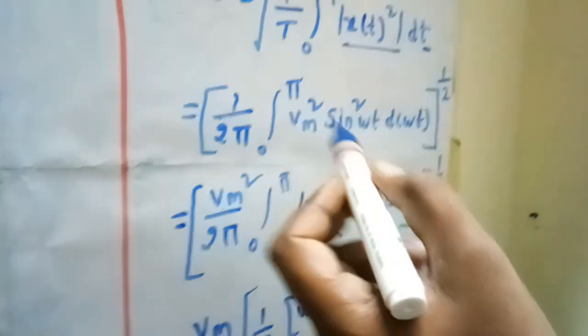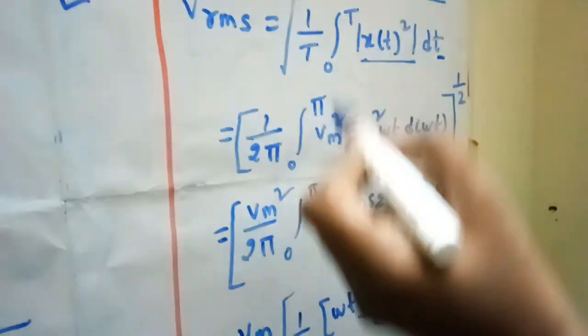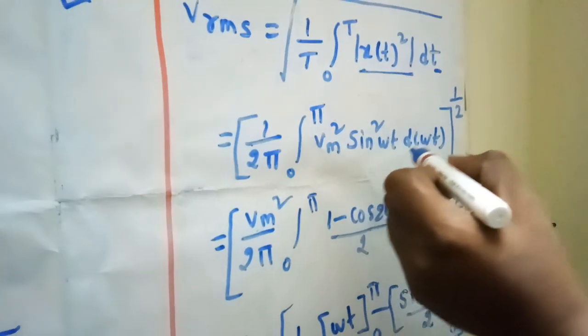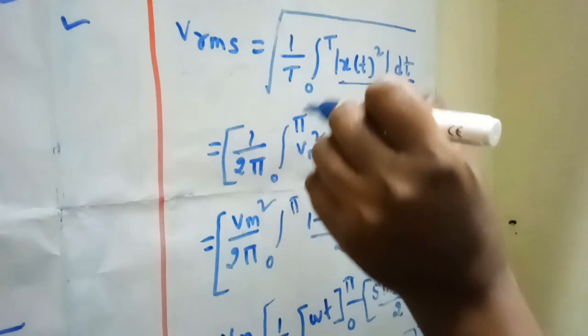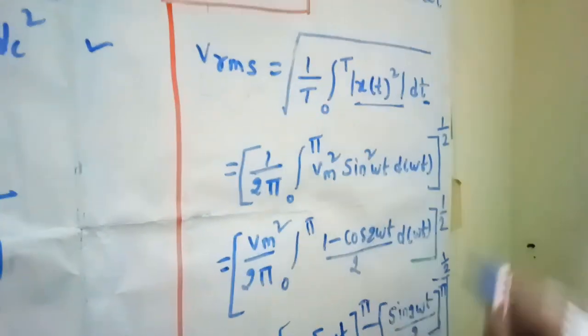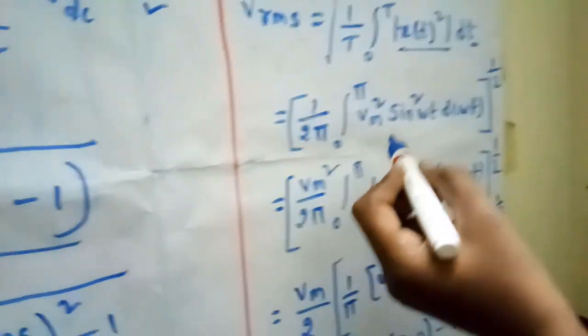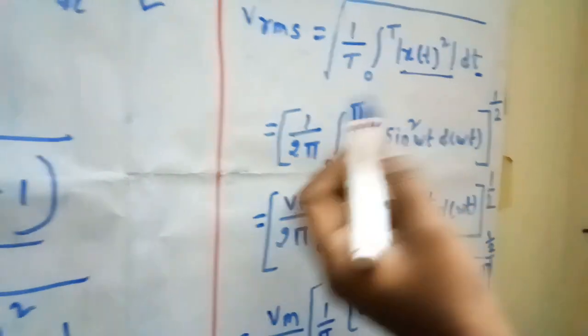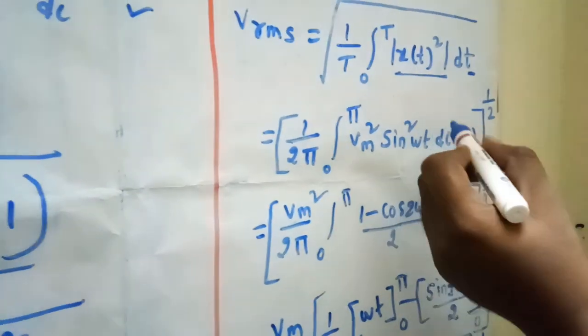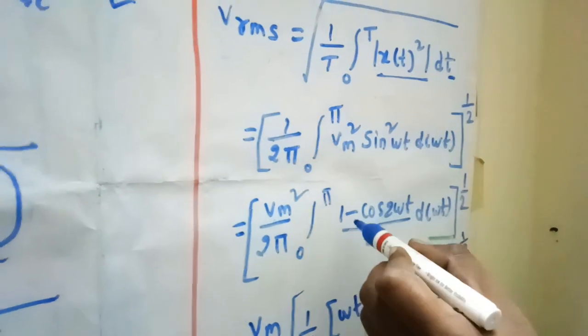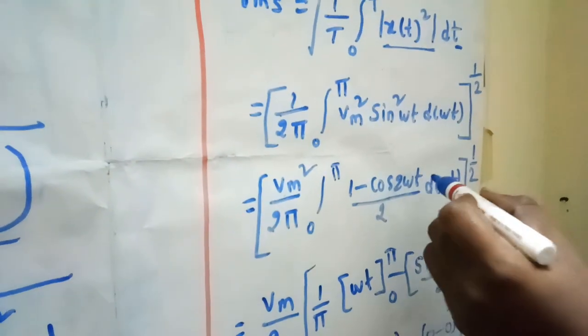That we are substituting here: 1 by 2 pi, 0 to pi, Vm square sin square omega t d omega t, whole power 1 by 2. Then here Vm square I am taking outside, Vm square by 2 pi, then 0 to pi sin square omega t I am going to write as 1 minus cos 2 omega t by 2.